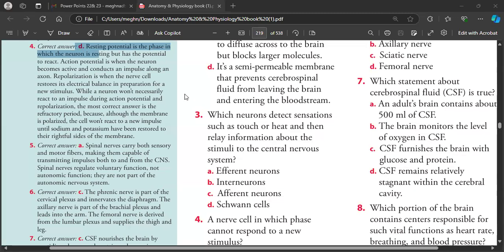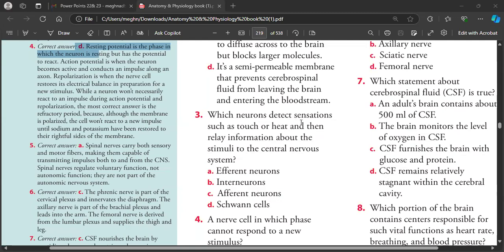While the neuron would not necessarily react to an impulse during the action potential and repolarization, the most correct answer is the refractory period, because although the membrane is polarized, the cell would not react to new impulses until sodium and potassium have been restored to their rightful side of the membrane. This is actually the membrane where the receptor is located.